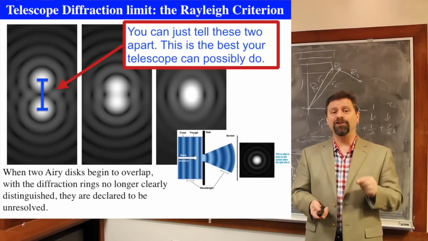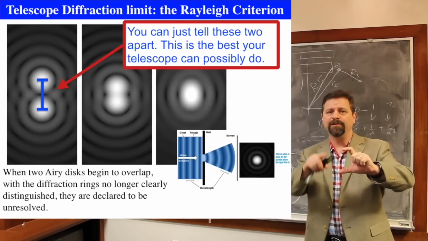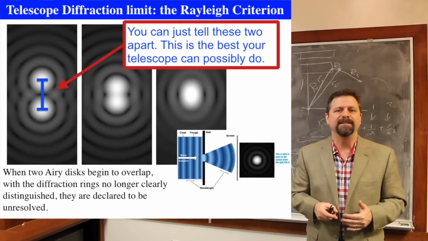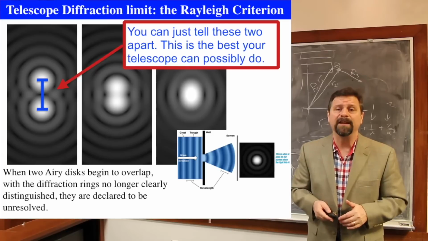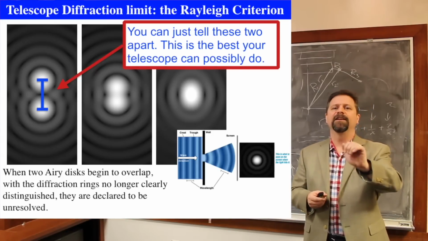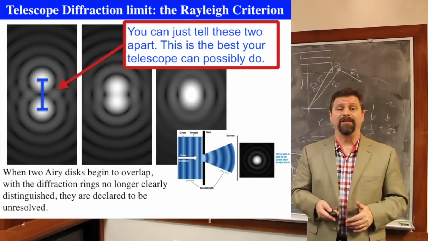The best you can do is when the peaks are outside from each other and the first ring of the Airy disk overlaps the edge of the center of the Airy disk of the peak of the other. So the first ring of the Airy disk goes across the bright central peak of the other one.